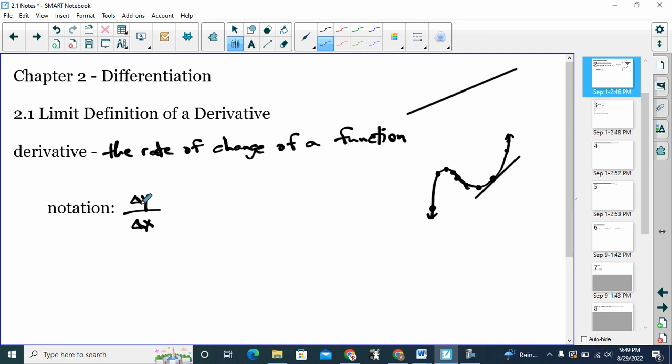For some reason, with derivative, instead of delta y with the triangles, you'll actually see it written as dy over dx way more often, dy dx. If we are using function notation, f of x notation, the derivative is written as f prime of x. Again, that's read f prime of x. It's f with a little apostrophe there.